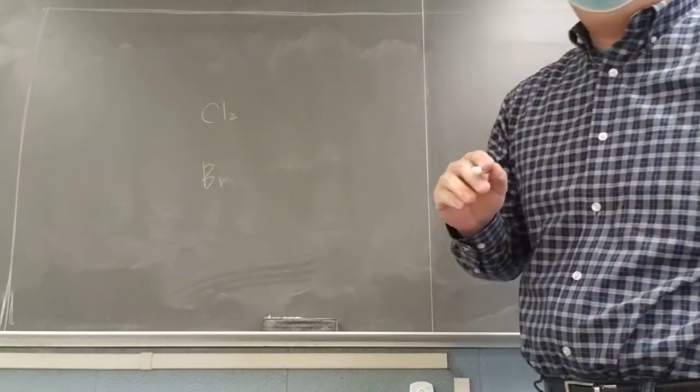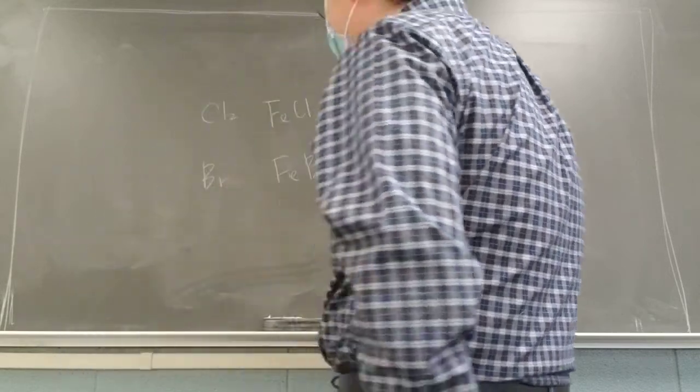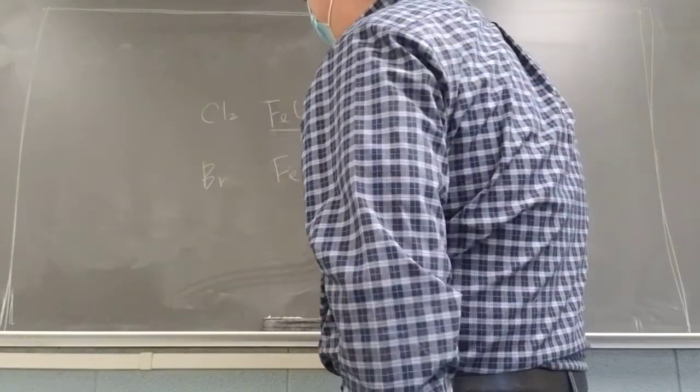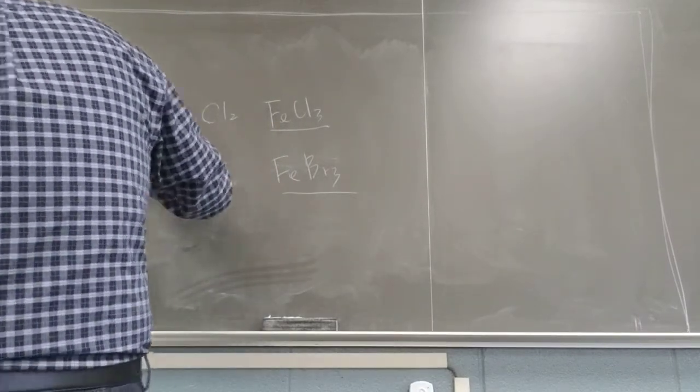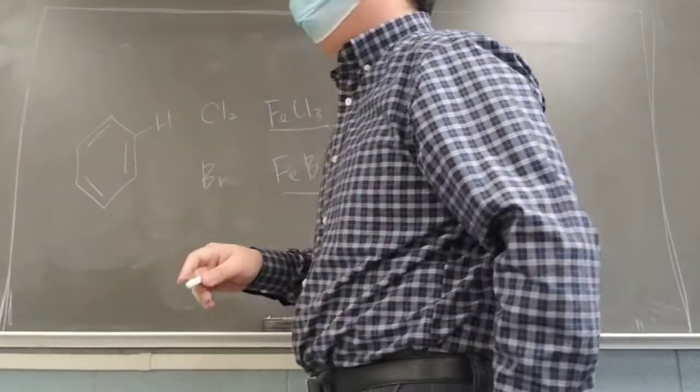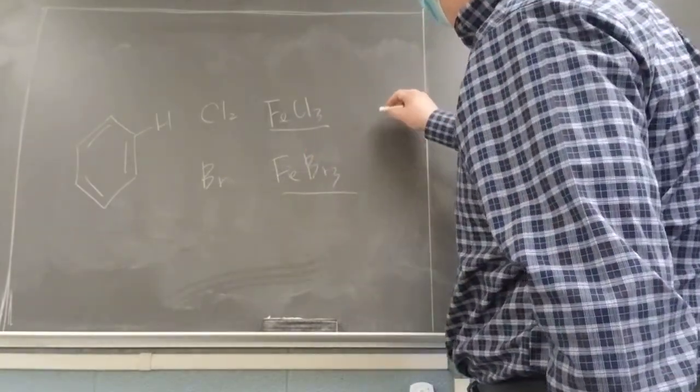We're going to use some iron chloride, iron(III) chloride, iron(III) bromide. So you can use those two catalysts to make it happen. So whenever you have benzene over here, okay? And then those two will behave like here.